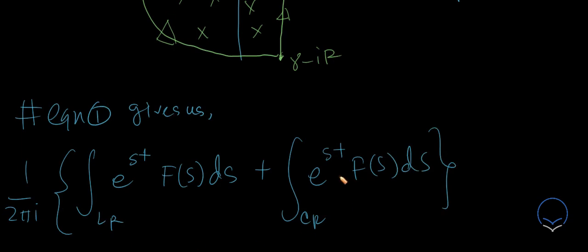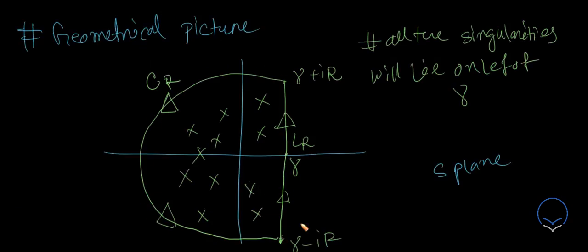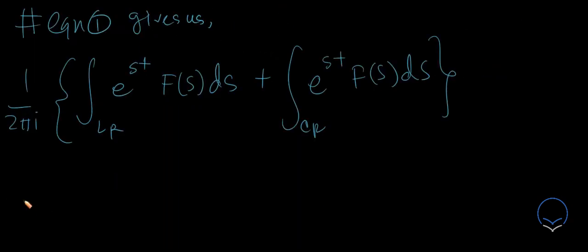But what is this? This is a contour integral of e to the power st F(s) ds over this whole contour, right? And by the residue theorem, I can write the next line as 2 pi i times the sum over the residues. So the second line is coming from Cauchy's residue theorem. Keep that in mind.